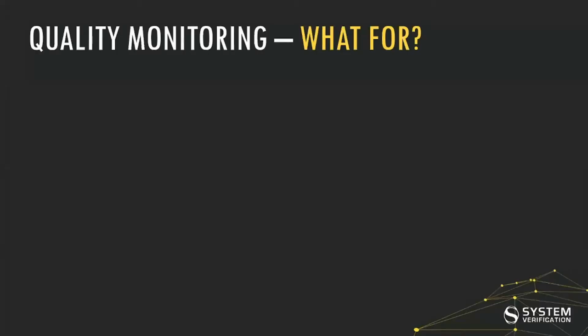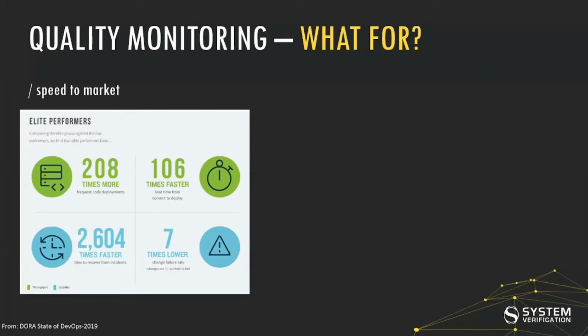So quality monitoring, what for? Let's have a look at elite performers, but that's not the only thing on the slide actually. The scissor between elite performers and low performers is ever growing apart. And there's a huge gap between those at the very top and those at the very bottom.